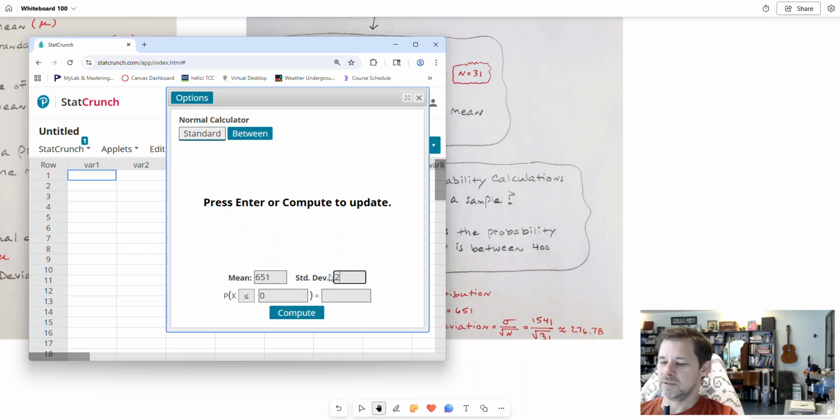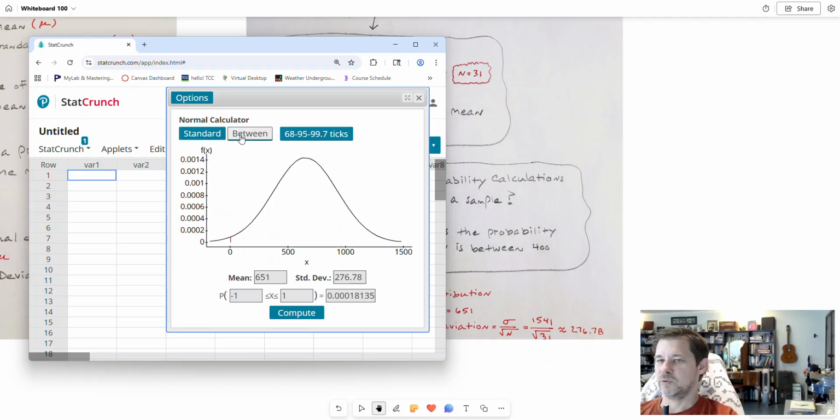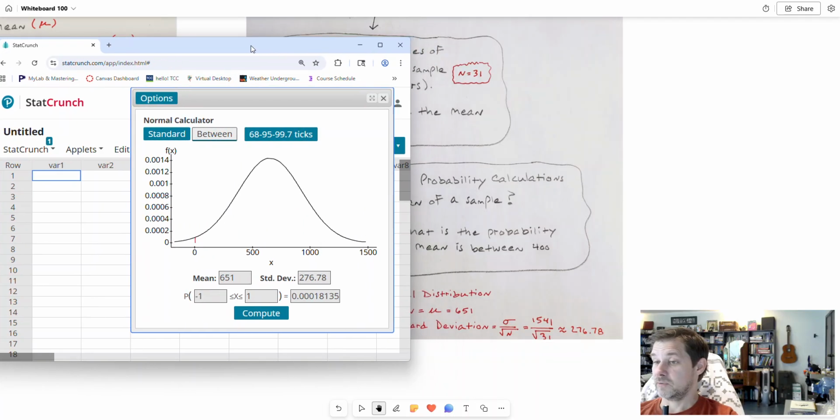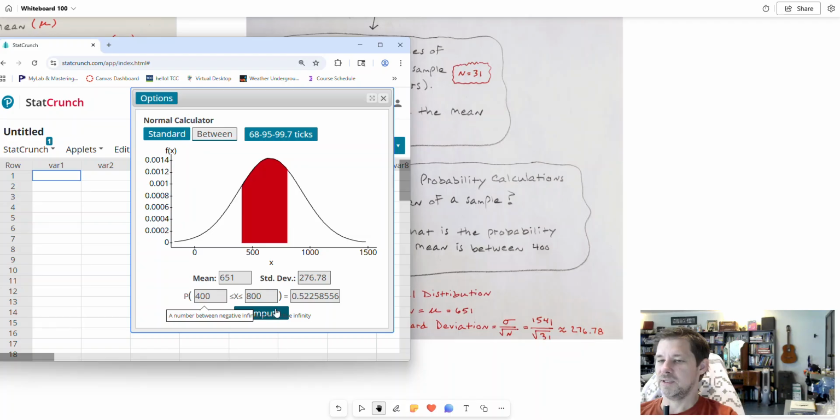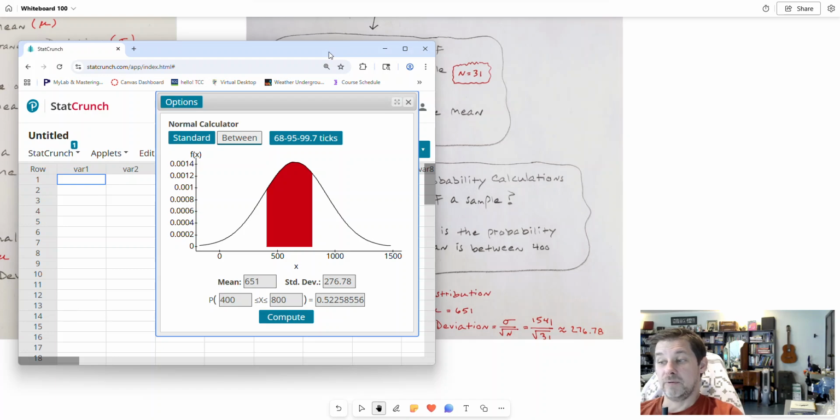And I want to set this to between, because this question did say what are the odds that the sample mean is between 400 and 800. It gives me 0.5225. That's the probability. It's like a 52% chance.